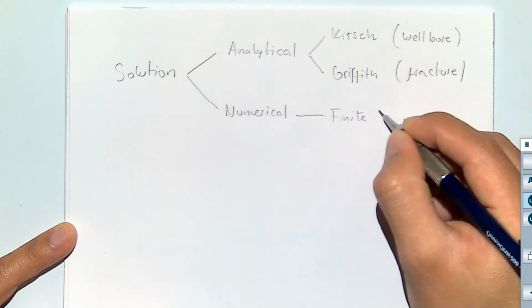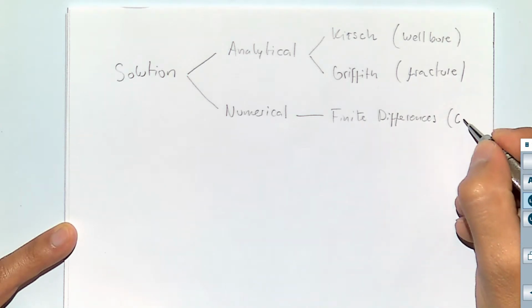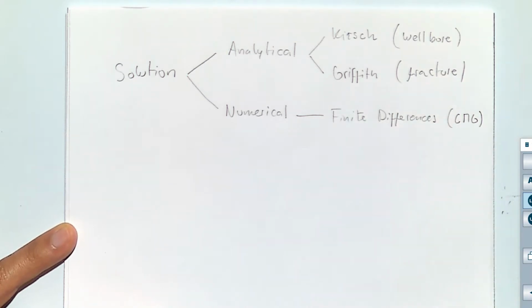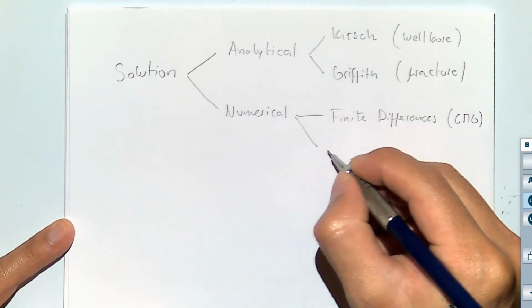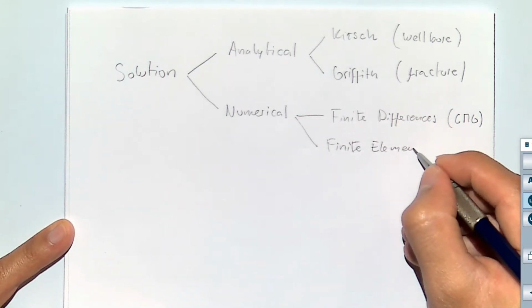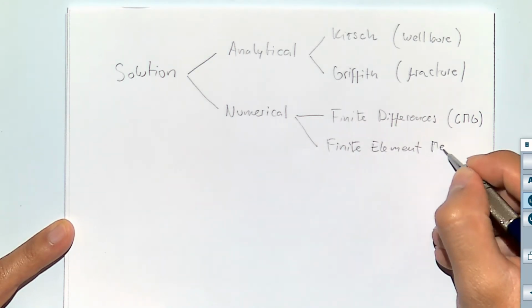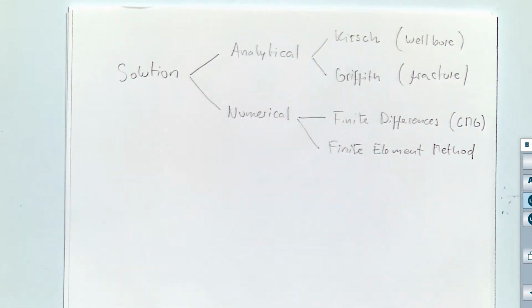You can solve this with a method which is called finite differences. And CMG, this is a reservoir simulator that you have license to here in the department. Very good reservoir simulator. It also has a module for geomechanics, and it's solved with a method called finite differences. Otherwise, there are many other simulators that use what is called the finite element method. And that allows you to solve problems of mechanics in 3 dimensions.